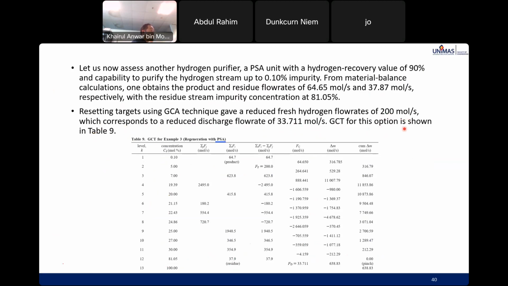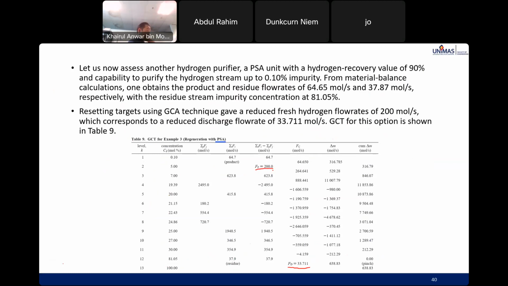The GCT for this option is shown in table 9. So the minimum discharge is actually increased to 33.7, while the fresh supply is actually 200.